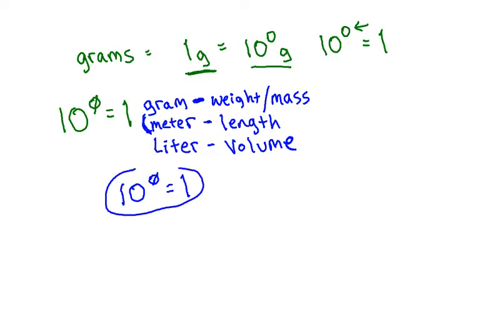So that's your baseline. So remember this. So if 10 to the 0 equals 1, and let's just use gram for an example, 1 gram would be 10 to the 0. So this is your baseline.